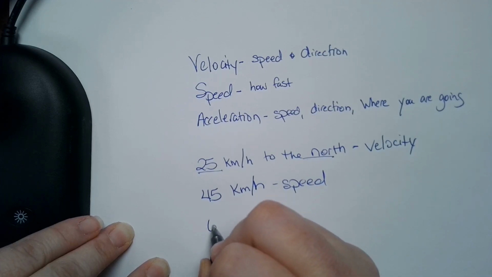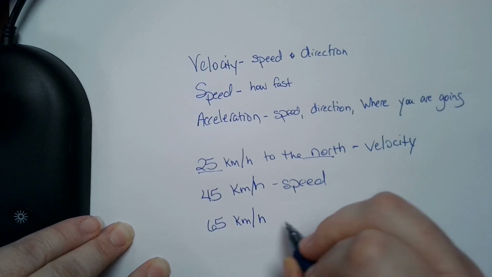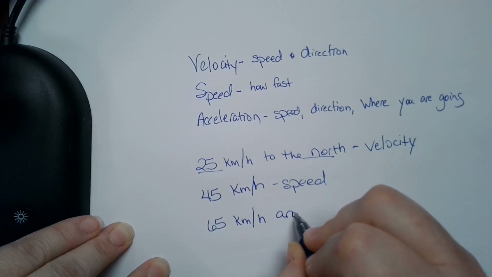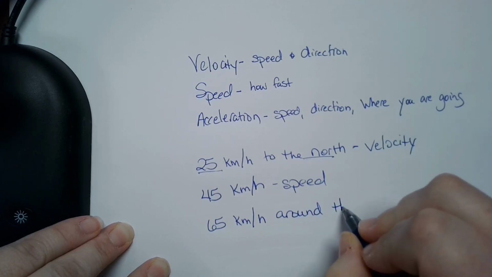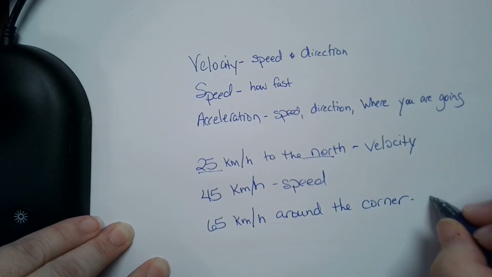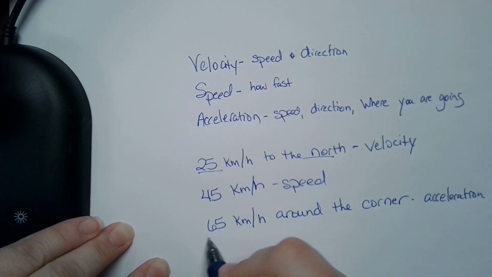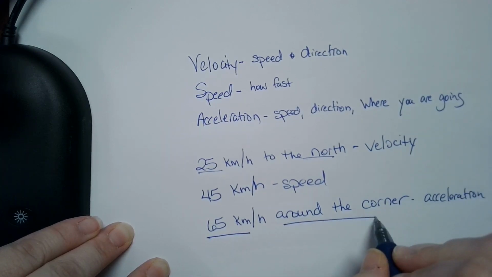Now, if I said 65 kilometers per hour around the corner, that is going to be acceleration, because it's telling you how fast and where we are going.